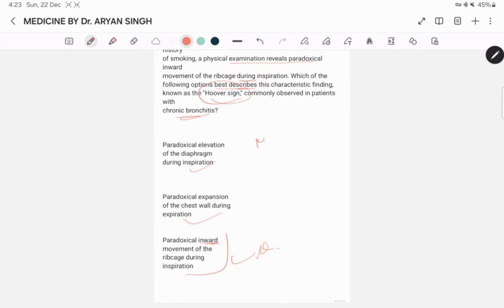Because Hoover sign is a characteristic finding observed in patients with emphysema. It refers to the paradoxical inward movement of the lower rib cage during inspiration instead of the expected outward expansion.